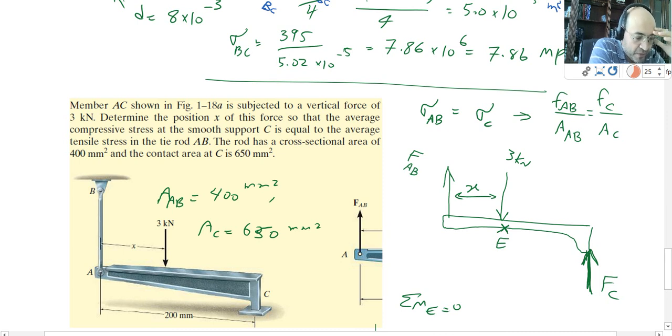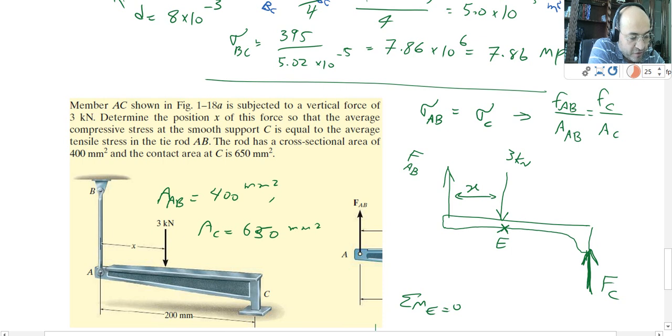The question asks me to determine the position of x so that the average tensile stress in the rod AB, the compressive stress at the smooth support C, is equal to the average tensile stress in rod AB.